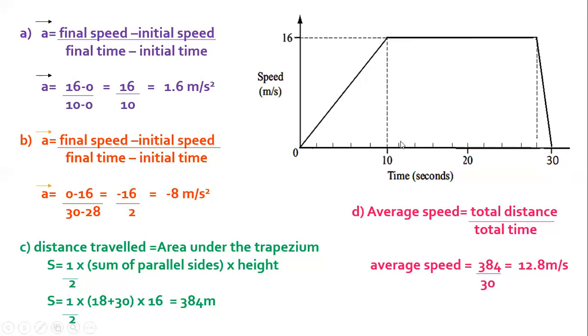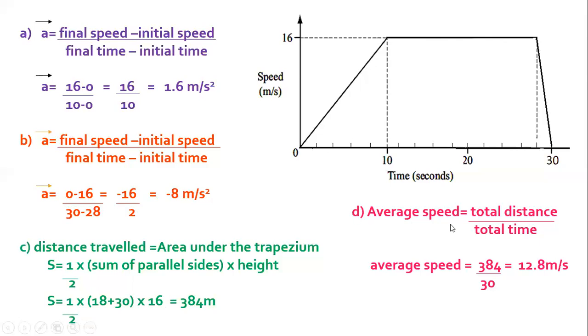So it's 0, 2, 4, 6, 8, 10, then 12, 14, 16, and 18. These dotted lines are helping me out. So this is 18. So 18 plus this parallel line over here, 30. 18 plus 30 multiplied by 16 over 2 is 384 meters.